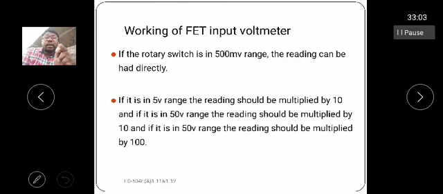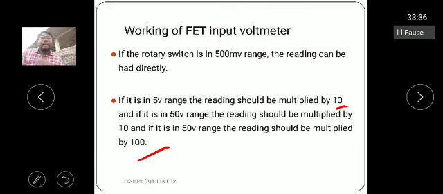If it is in the 50 volts range, the reading should be multiplied by 100 times.